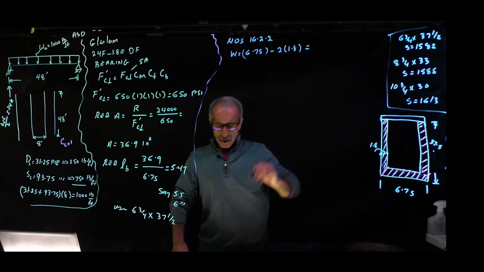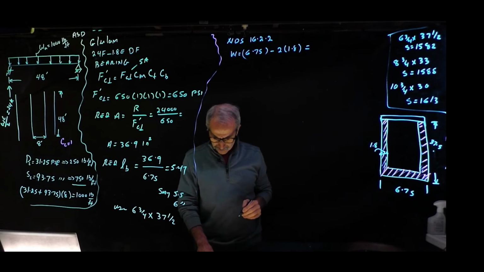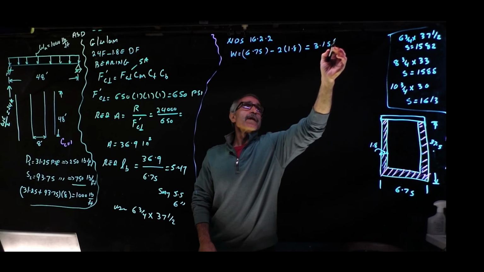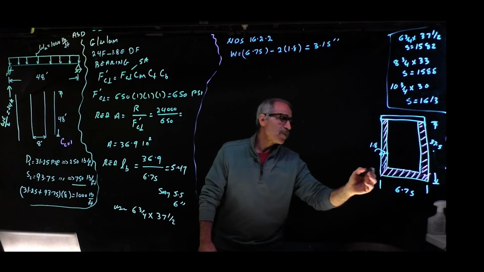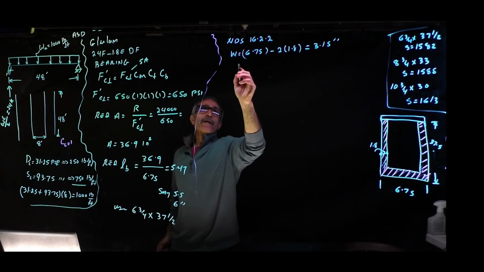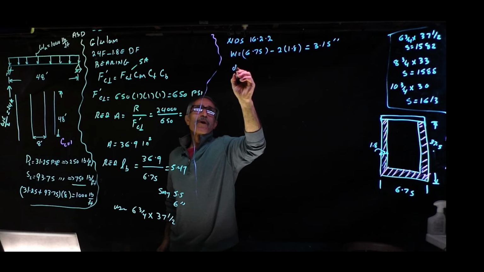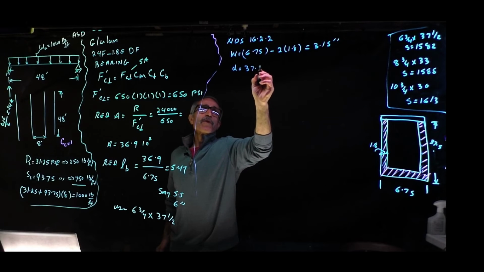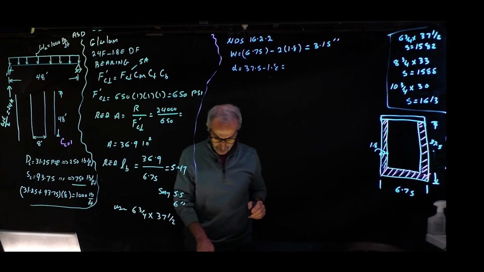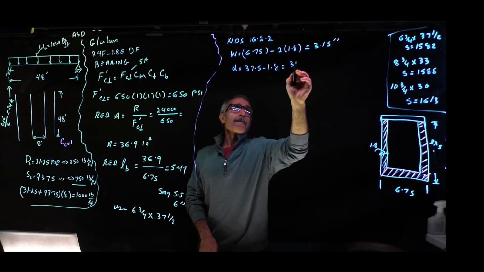That comes out to be 3.15 inch. Then the new height, or D, is going to be from here to here without the burn area: 37.5 minus 1.8, and that should come out to be 35.7.